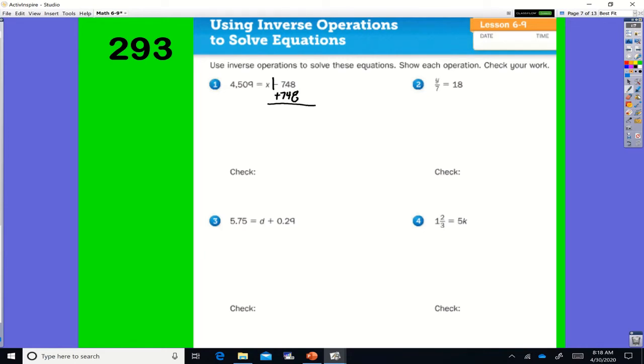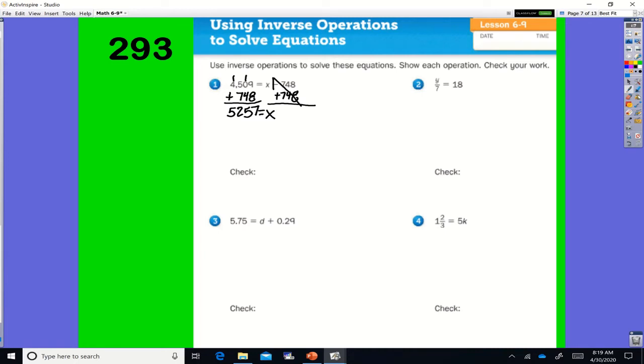The reason we do that is because we want to get that to 0 to get x by itself. So if I do that to one side, I have to do it on the other to balance my equation out. I add that, and I get x equals 5,257.